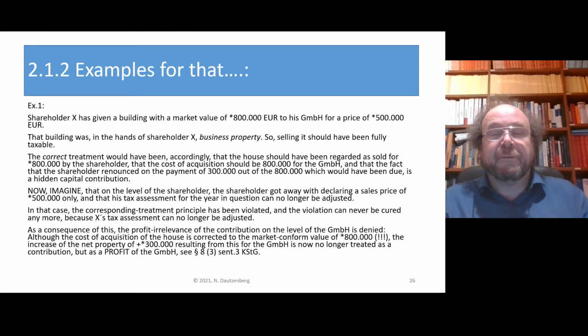By the way, for the reality of life, that means that the tax assessors for the GmbH and the shareholder have to communicate with each other, or that if the GmbH brings forward we have received a hidden capital contribution, they will be asked to prove or to show that everything on the shareholder level was also treated correctly.